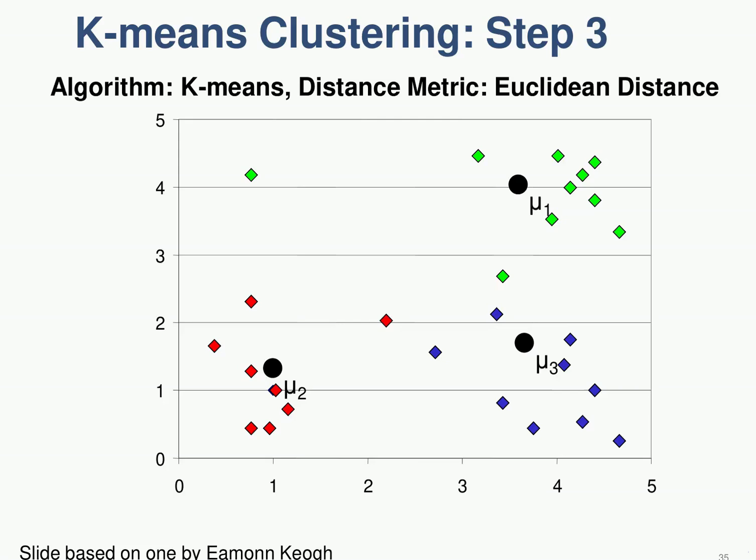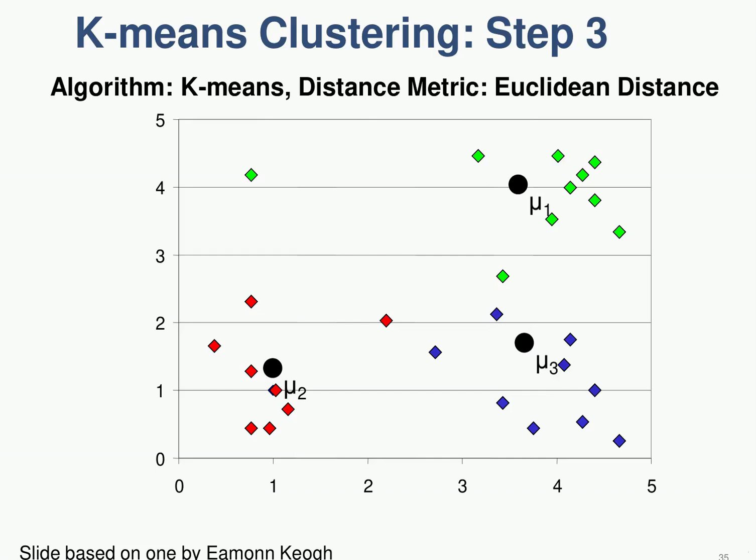In step 3 of k-means clustering, we observe the updated positions of the centroids mu_1, mu_2, mu_3 after the previous adjustments. Each centroid is now more accurately centered within its respective cluster.